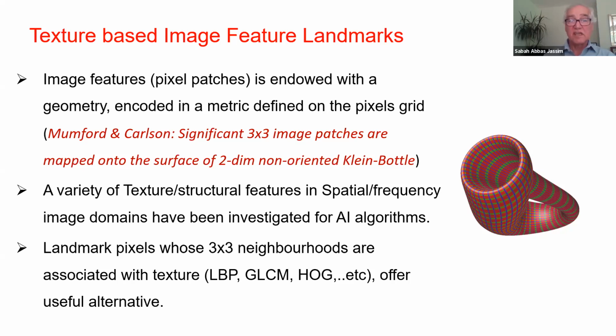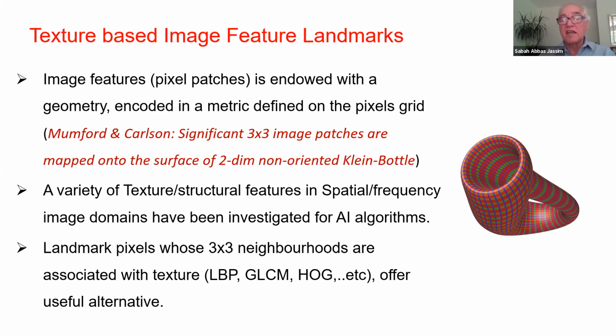Well, as we have already seen, and I think it was Henry who showed, earlier work on significant 3x3 image patches are known to map onto the surface of a Klein bottle, and some subsets of these appear on the three-circle topology.